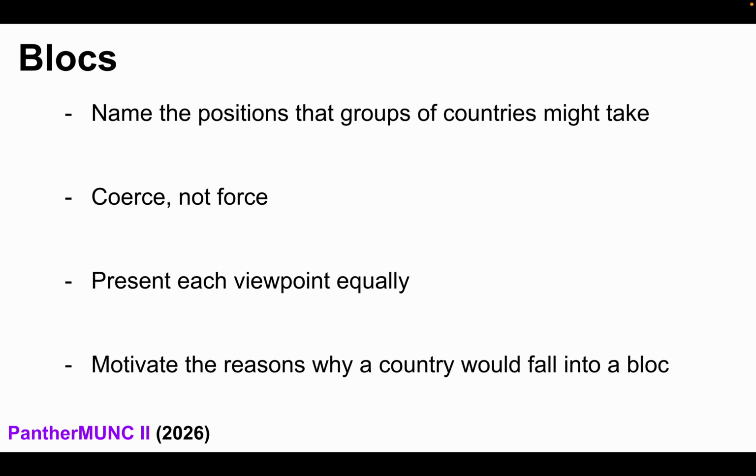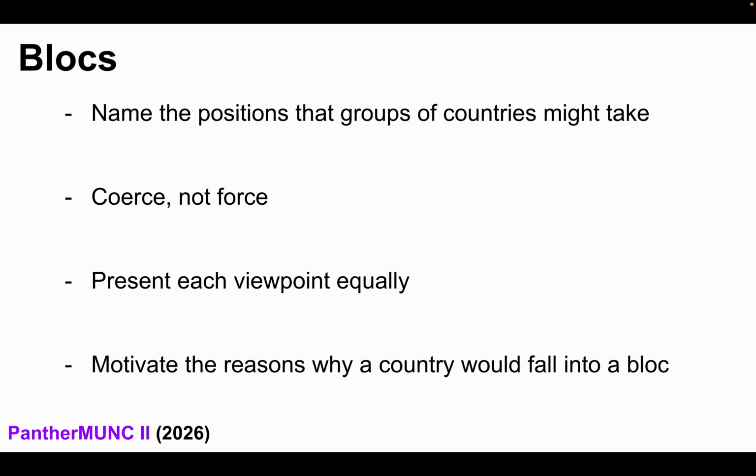I know delegates are acting in the interest of their country, but different people will interpret that in different ways. So it's important to just name the positions that different blocks might take, but not say that if you're in this country, you have to be in this block. So don't name countries when you outline the blocks, just focus on their viewpoint.